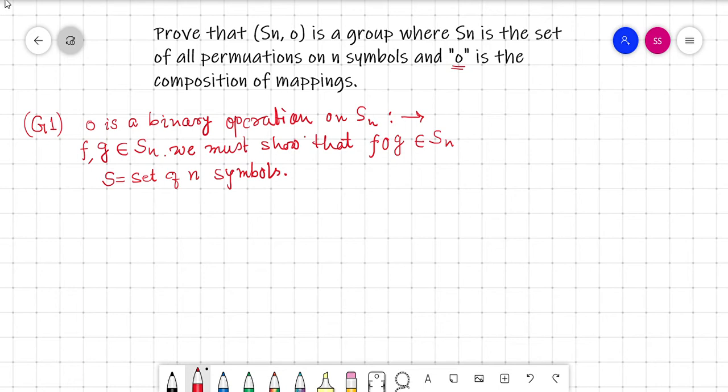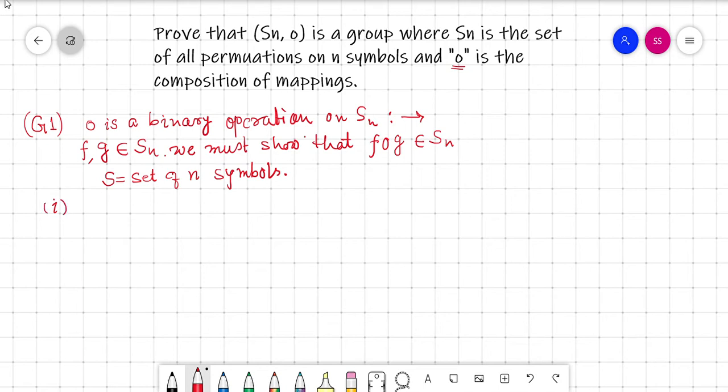It doesn't matter because these are just symbols. To show that f composition g is again an element of Sn, we have to show that f composition g is a permutation on n symbols. Permutation means a 1-1 and onto mapping. So we show it one by one.